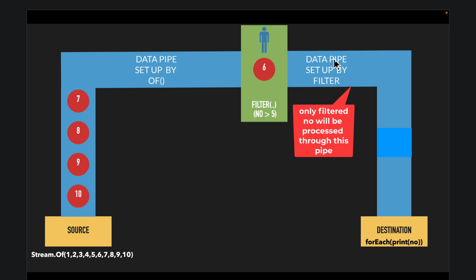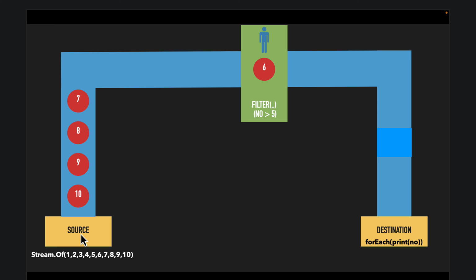So you can think of this as another data pipe set by the filter. The filter will never modify the data in the source. Just remember that, just for understanding. Otherwise this diagram works great whenever you are learning the stream API and understanding how data is processed one by one through intermediate operations like filter in a stream pipeline.